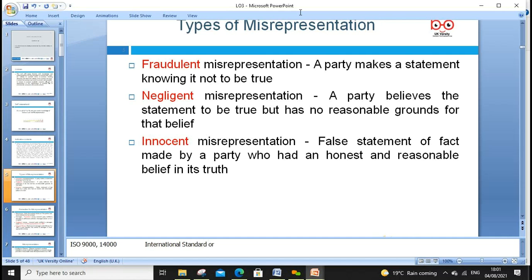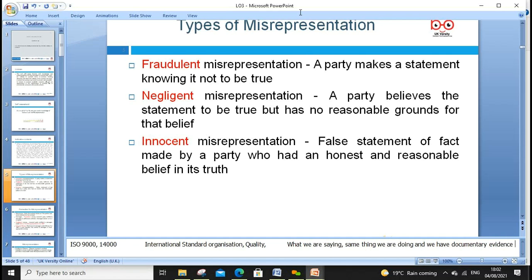Basically, this is a standard organization that sets the quality standard. It's all about doing the same thing as what we are saying, and having documentary evidence. So this is called ISO 9000.